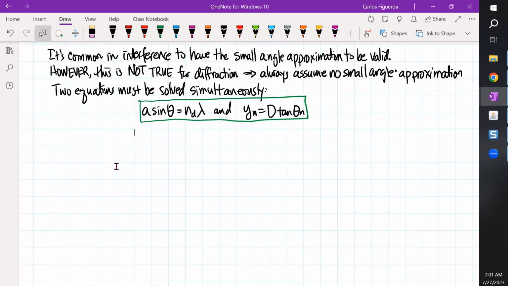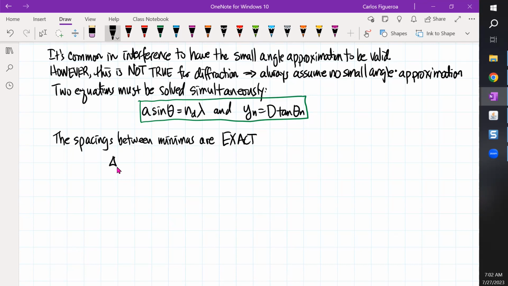Because of this here, it turns out that the spacings between minimas are exact.